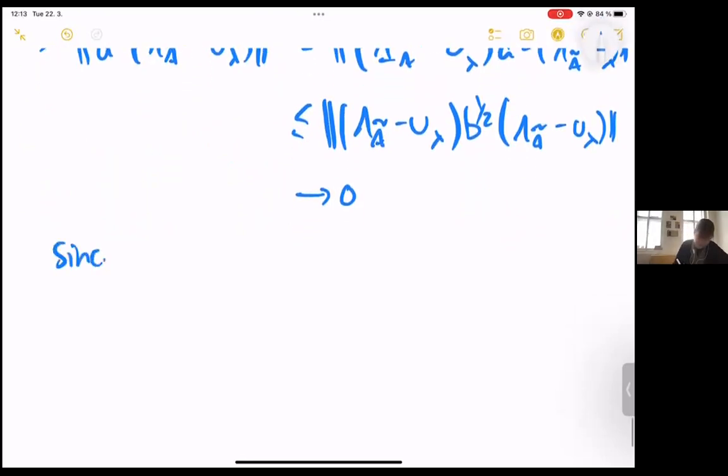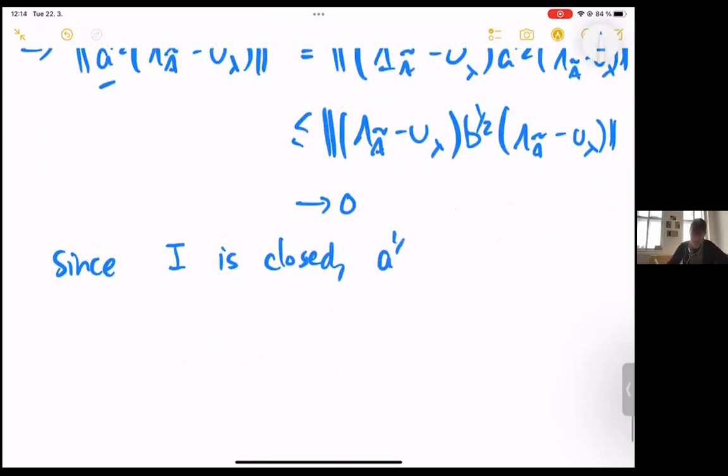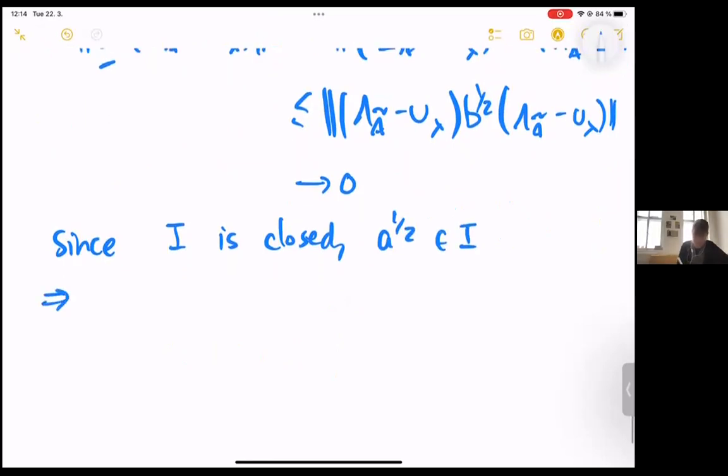So since I is closed, we get that a half is in I. So of course, then a half, since I is an ideal, is also in I.